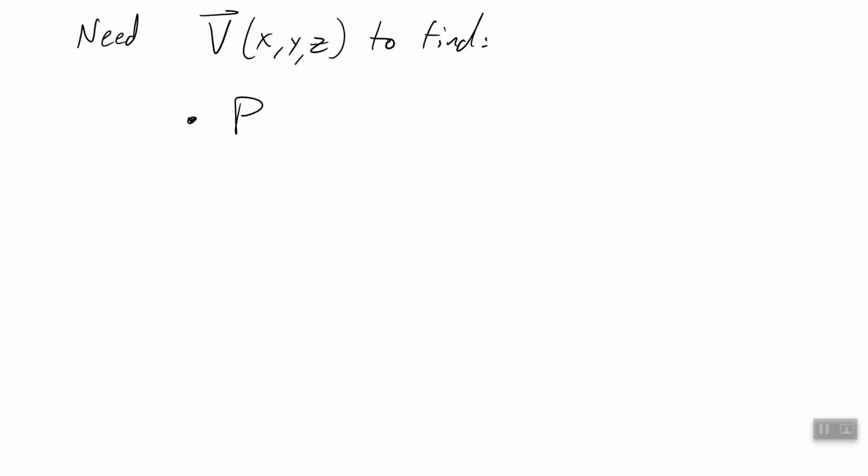Okay, but why do we really care, right? We need that velocity vector, v, in x, y, and z, in order to find the pressure at any point in our flow, to say find the stress the fluid is putting on the wall, to find, let's say, the flow rate of our fluid, or to find the energy inside of the fluid.